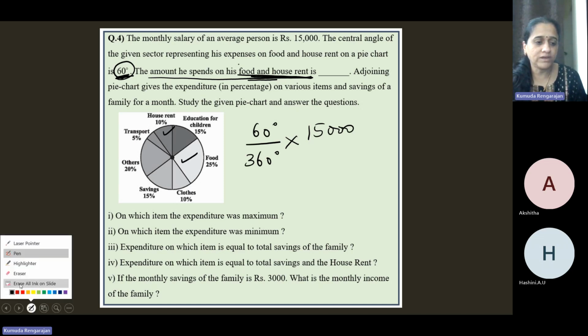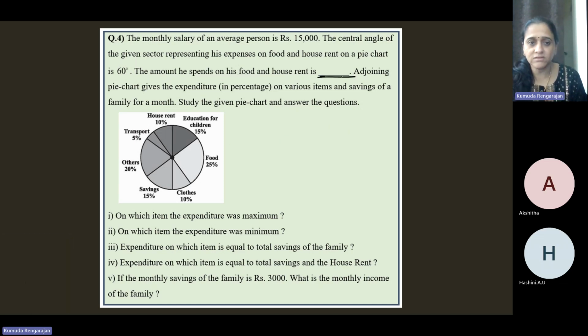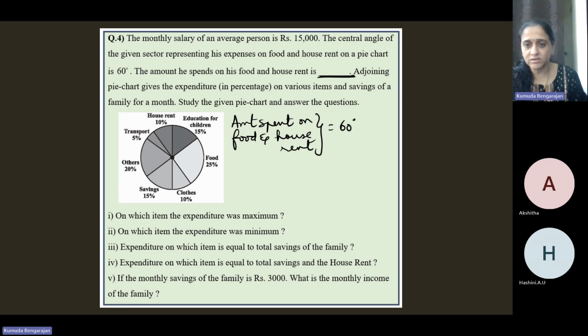So how will you find it? The amount spent on food and house rent is equal to 60 degrees out of 360 degrees into 15,000.